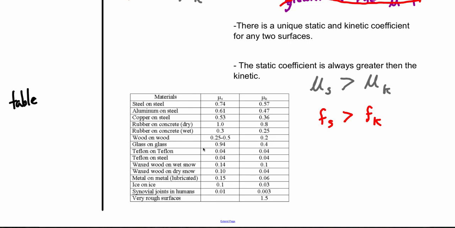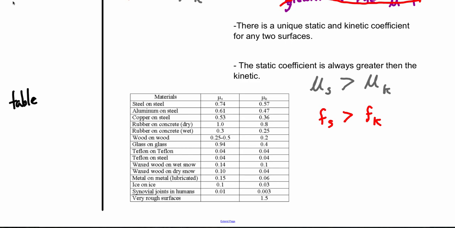Let's look at one that has a lower coefficient of friction: synovial joints in humans. You would imagine that your joints would have a very small frictional force, and this shows that the coefficient of static friction is 0.01. And over here, the kinetic friction is even lower, 0.003.